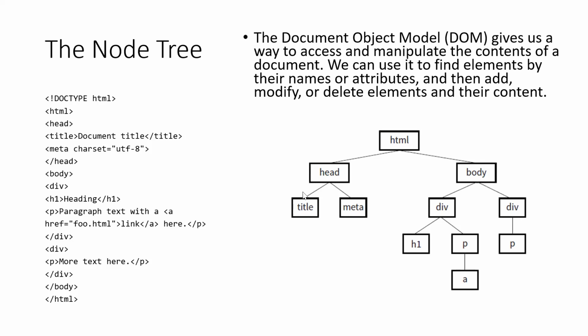So that's what exactly we represent here. And within the body, if you look very carefully, we have two divisions, div, and within the first one, we have H1, a level 1 header, and we have a paragraph. Within the paragraph, we have an anchor, that means a link. Whereas in the next div, you have another paragraph, which will actually end up forming this node tree.